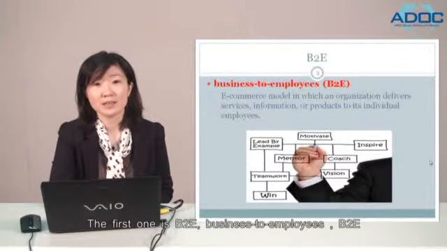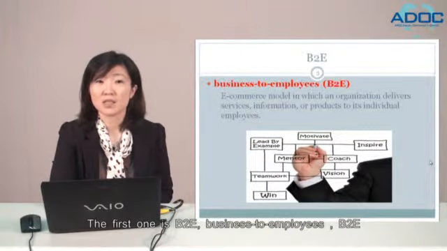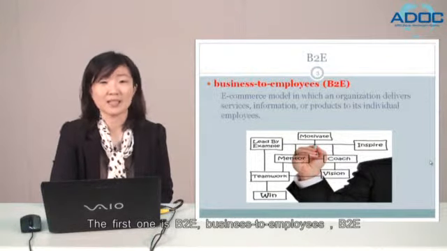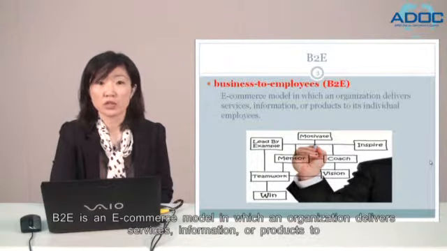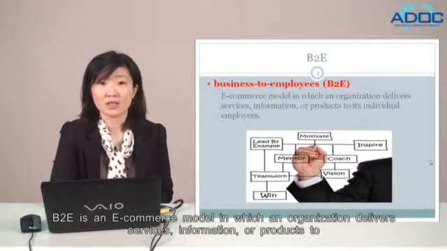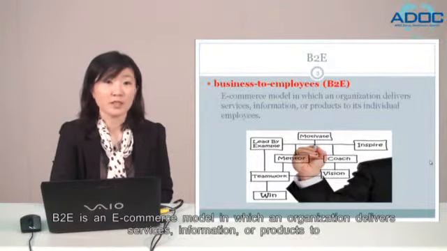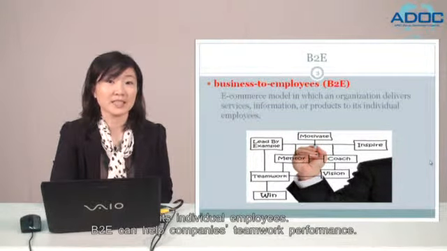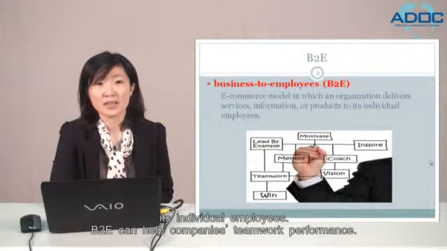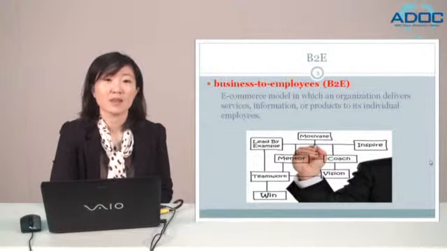The first one is B2E, business to employees. B2E is an e-commerce model in which an organization delivers services, information, or products to its individual employees. B2E can help companies' teamwork, performance.